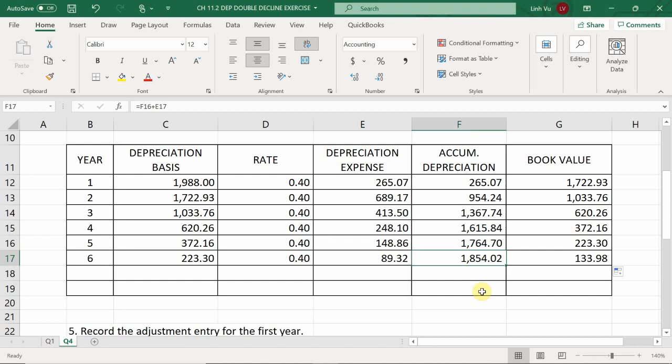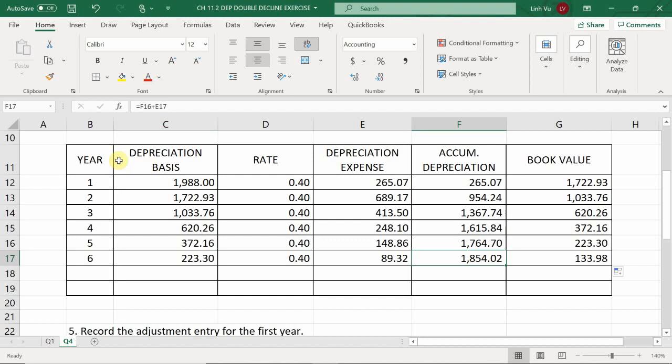Not really, because we're not thinking about how old it is, we're thinking about reaching its salvage value. But let's put it into context. You said that there's no way that you should depreciate it for $89.32 because that's for the whole year.